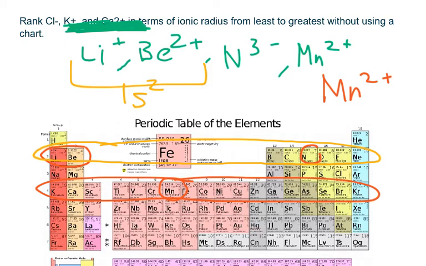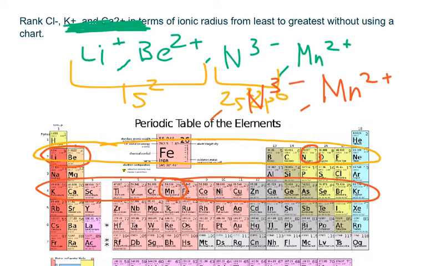Now N3- actually has its valence electrons in 2s2 and 2p6. So writing out the electron configuration for these ions, I can clearly see that N3- should be larger than lithium plus and beryllium 2+. So the second largest will be N3-.